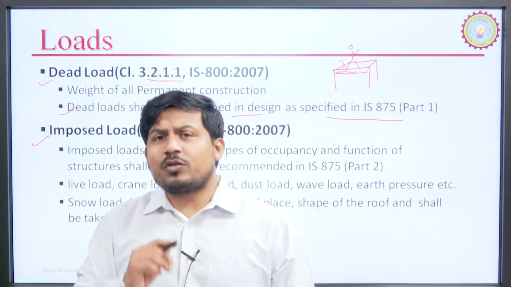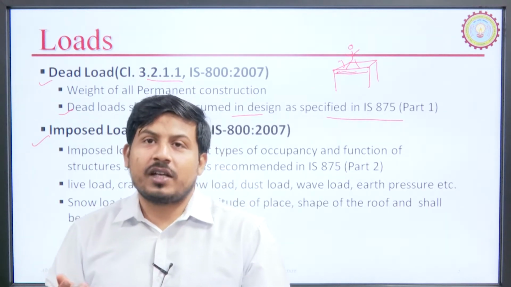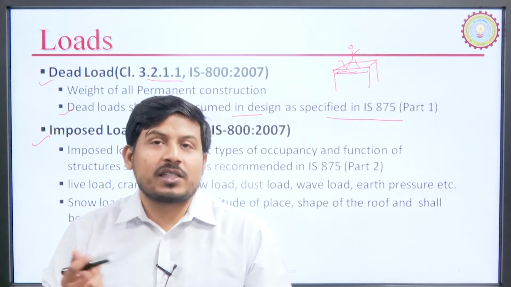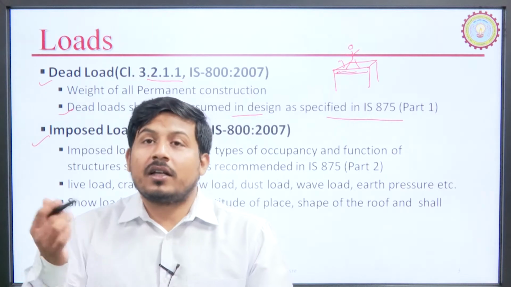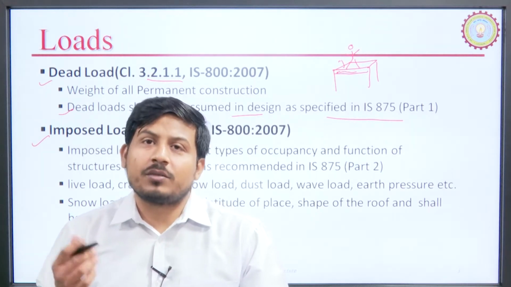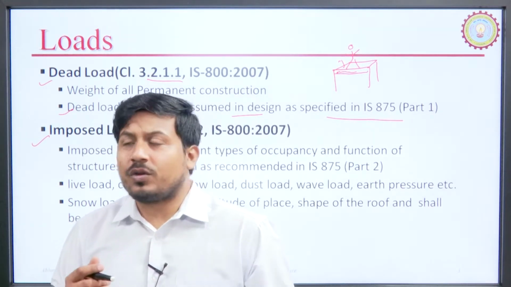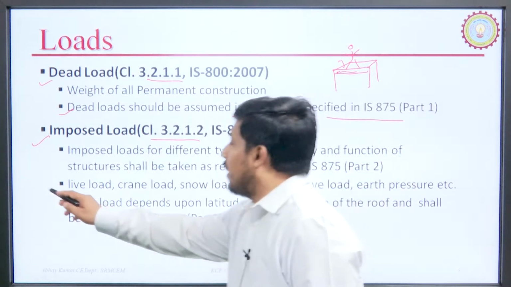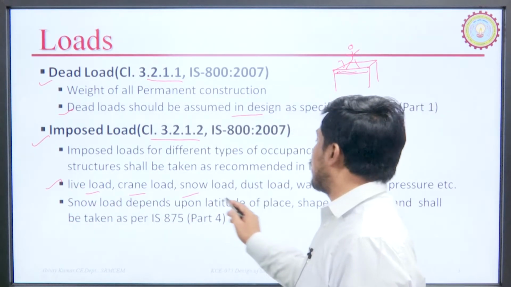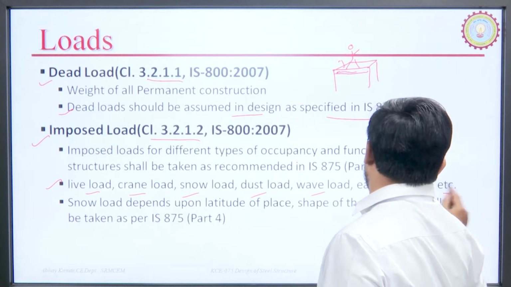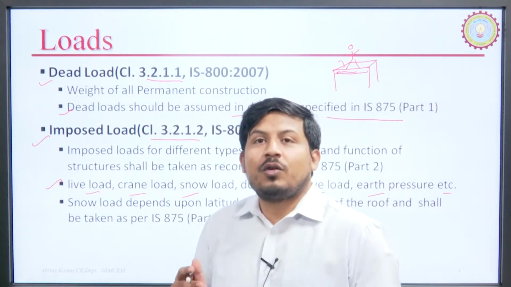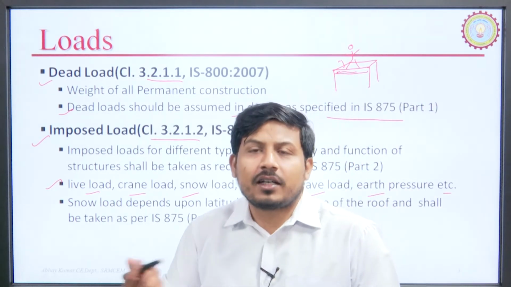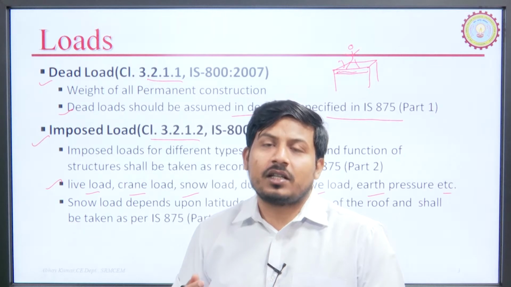Some would say that imposed load must consider other kinds of load. What other loads come into the imposed load? Our IS code says in clause number 3.2.1.2 that it includes live load, crane load, snow load, dust load, wave load, earth pressure, etc. So, etc. means there are other kinds of load which come in the imposed load.